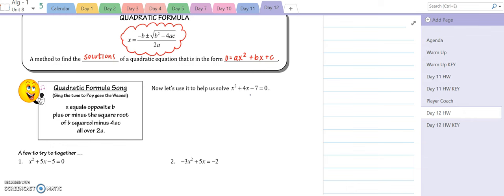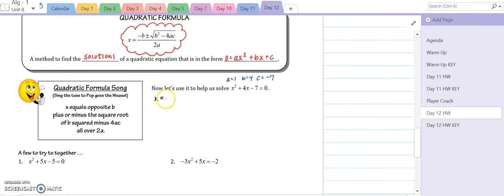Good news is, in this one, I already have it there. So right off the bat, I can figure out my a, my leading coefficient, my b, the number in front of that x, and c, my constant.